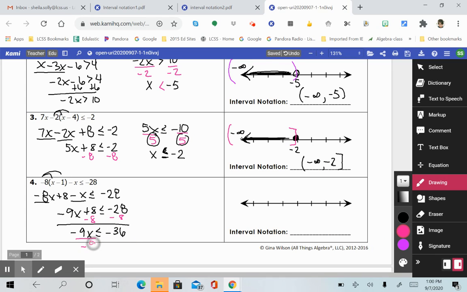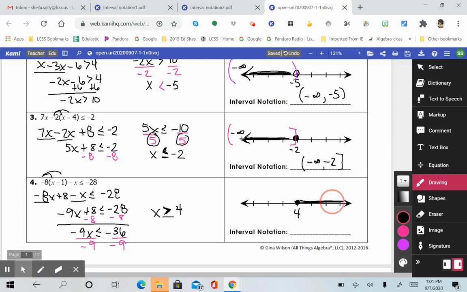Now to solve, we divide both sides by negative 9. Now notice here that we divided by a negative number. That means our inequality symbol needs to flip. And negative 36 divided by negative 9 is positive 4. So at positive 4, we put a filled circle. And since the variable is on the left, we go the direction the arrow is pointing.